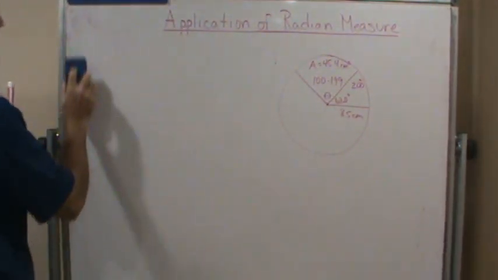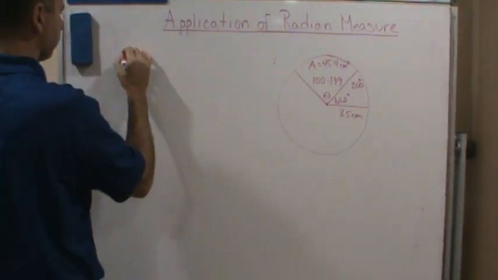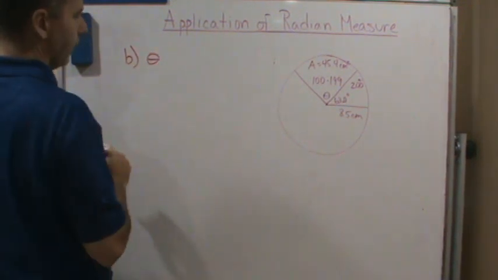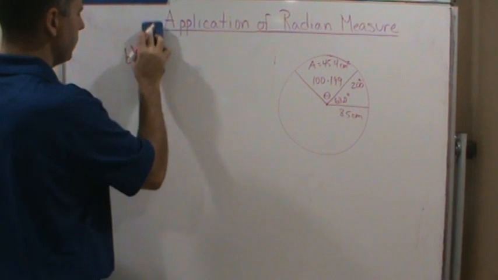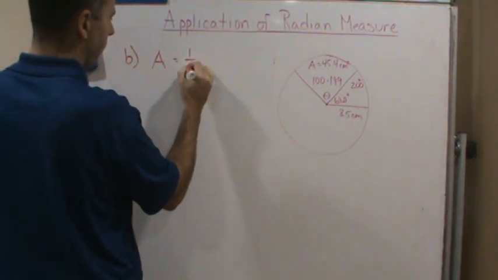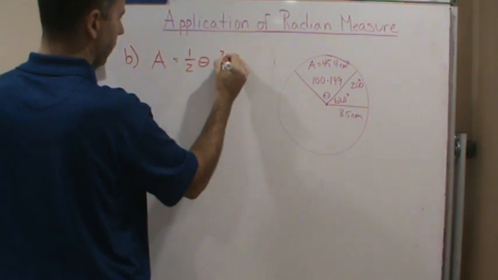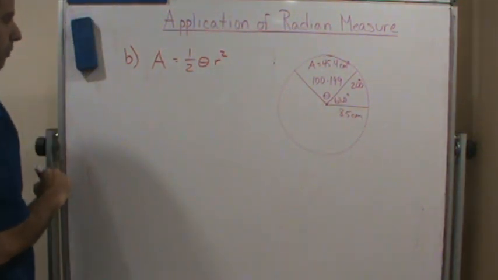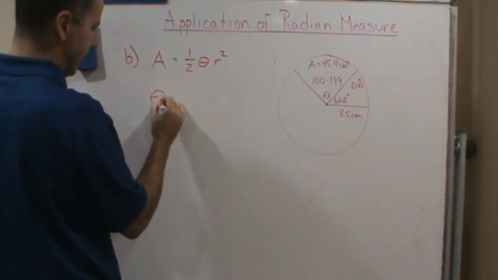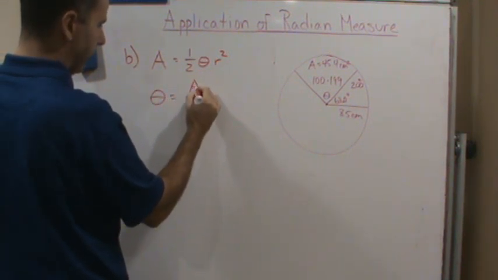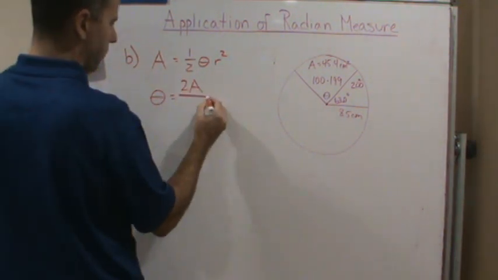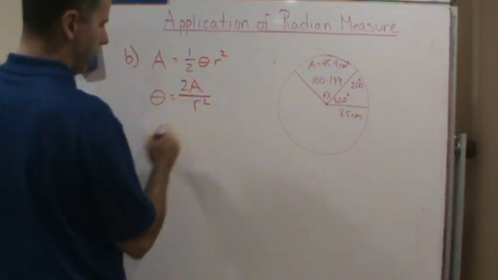Well, we can definitely do that. So we want to find theta. We're going to use the area formula. Again, the area of a sector is 1/2 theta r squared. Now we solve for theta, so theta is going to equal 2 times the area, because we divide by 1/2, over r squared.